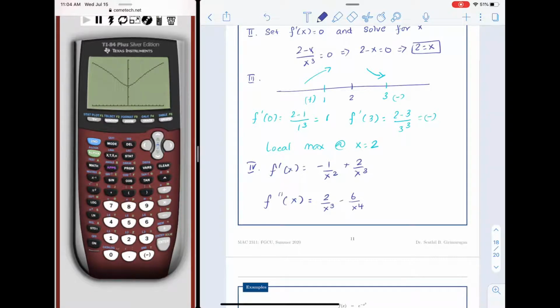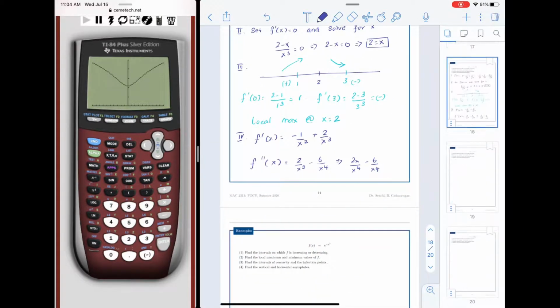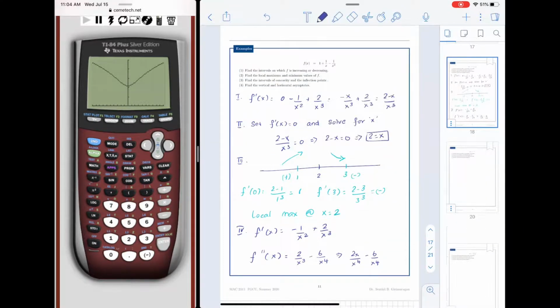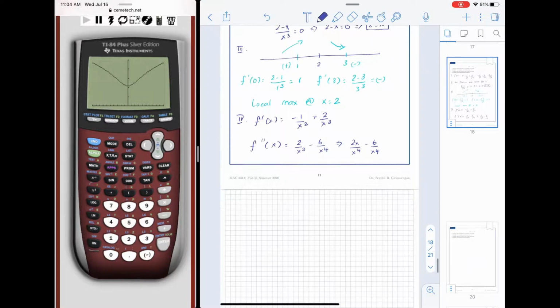Let's find a common denominator. So 2x over x raised 4 minus 6 over x raised 4. Two x minus 6 over x raised 4. Now we have to set that equal to 0 and solve for x.